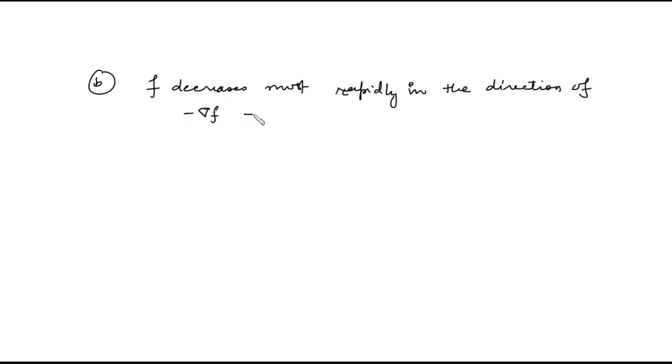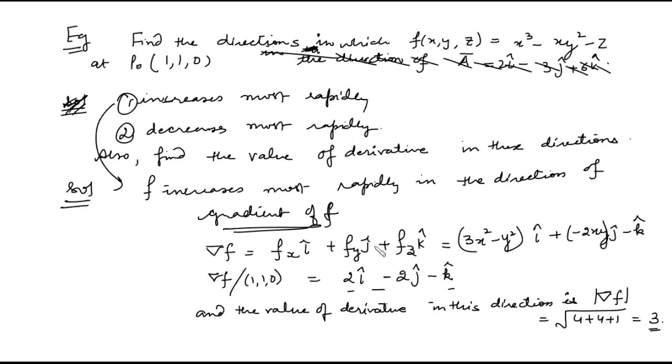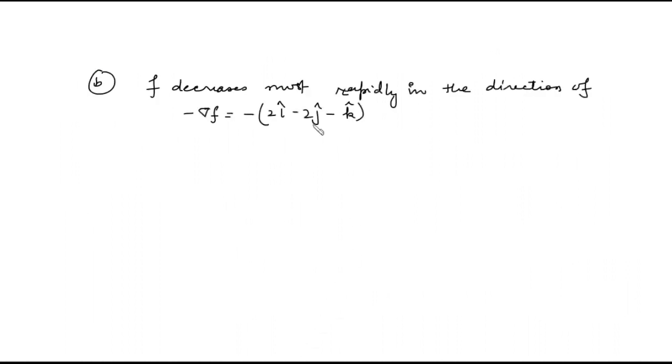Similarly, f decreases most rapidly in the direction of minus of del f, means minus of (2i minus 2j minus k cap), right? Minus 2i plus 2j plus k cap.